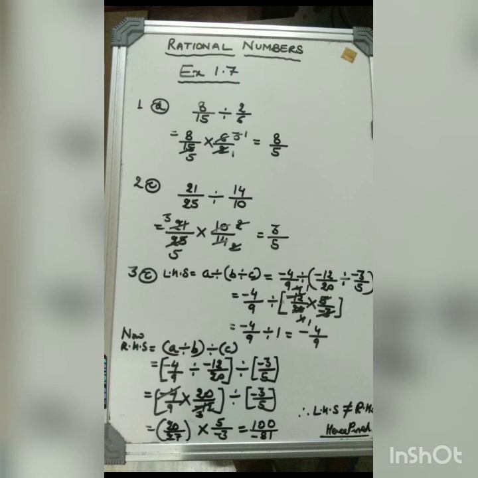Once you have that, try to cancel the common factors. I have done 7 twos are 14, 7 threes are 21, and 5 twos are 10, 5 fives are 25, and then 2 and 2 are also cancelled. So you are left with 3 upon 5.